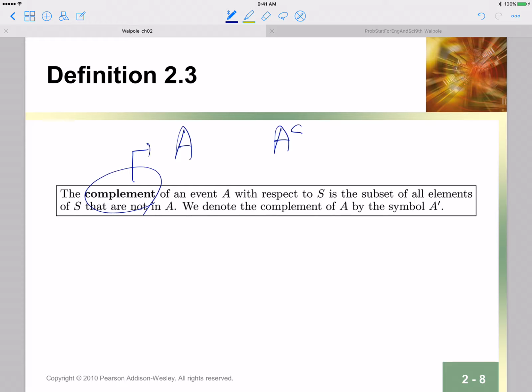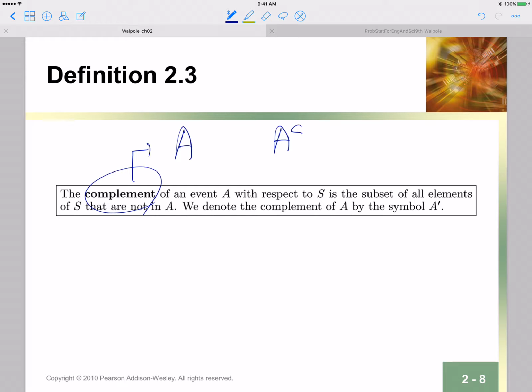Yep. So in the example that I gave, the event that you see a dice value less than 4, the complement event will be greater than or equal to 4.